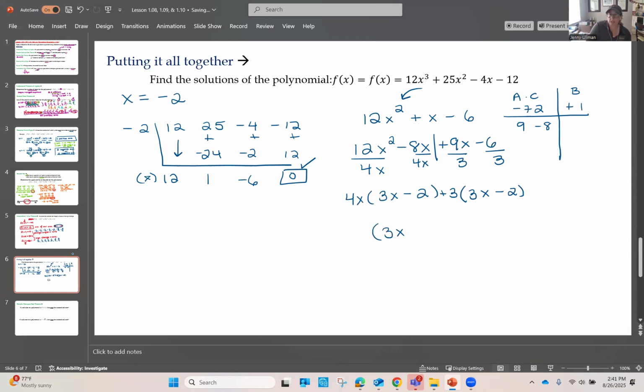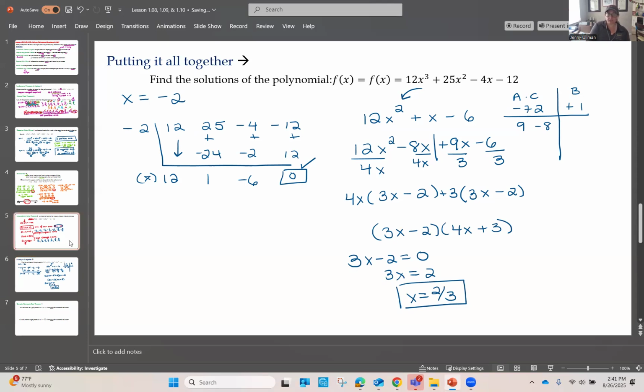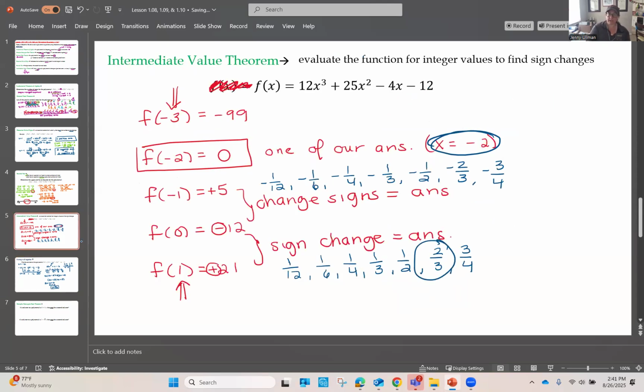So my 2 factors are 3x minus 2, 4x plus 3. So if I solve these, which you might be able to do in your head, I get 2/3, which on my list, there's my positive answer.